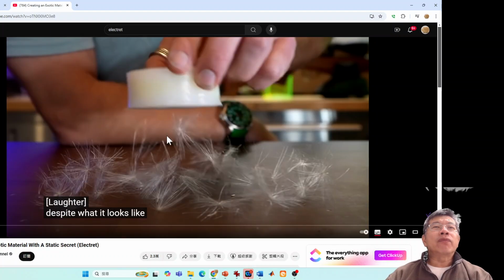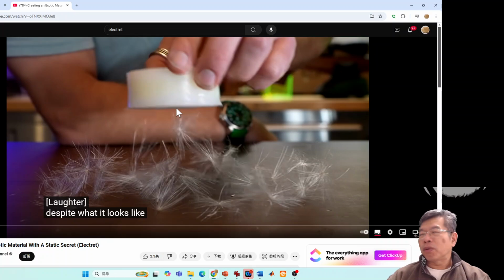Oh, sorry. Before that, actually, our medical masks, or even N95 masks, are made of similar things that contain a permanent charge. So it attracts small particles like viruses and dust, which accumulate, attaching to the fibers of your mask.